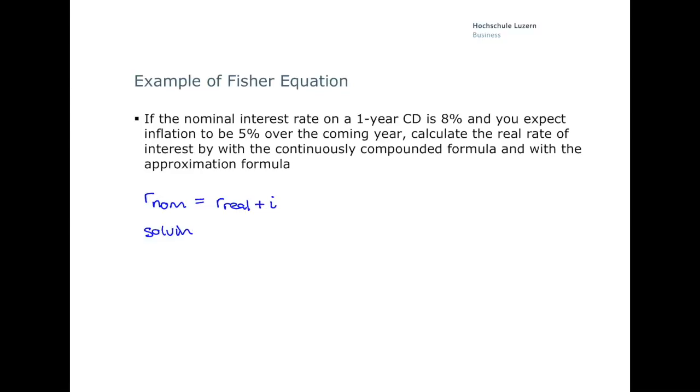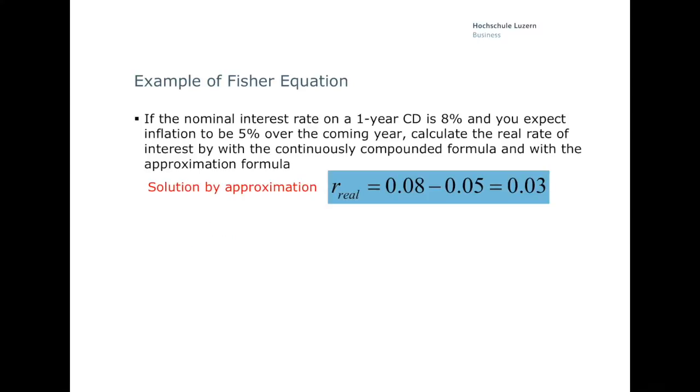So now solve for the real rate. Using the approximation formula, the real rate is simply calculated by using the 8% of nominal interest minus the 5% inflation rate, resulting in 3% real rate of interest.